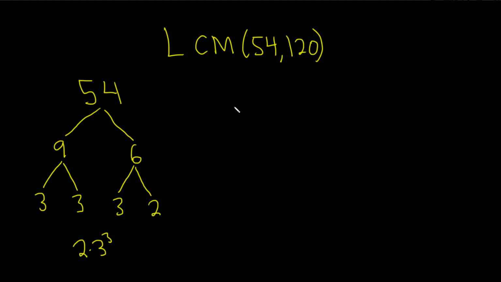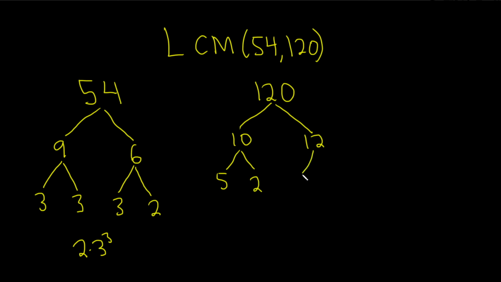Okay. Now let's look at the prime factorization for 120. 120 is 10 times 12. Then 10 is 5 times 2, and 12 is 4 times 3.